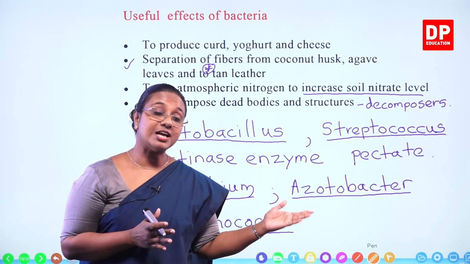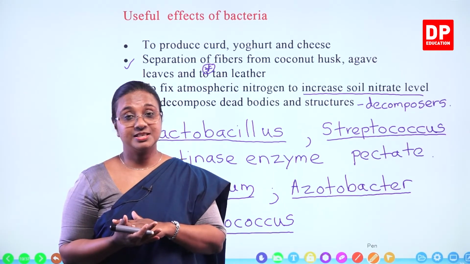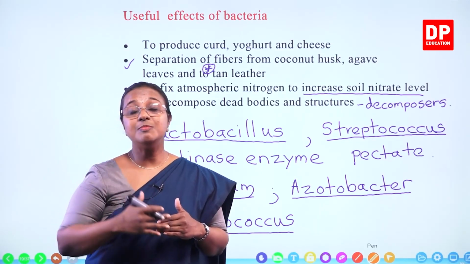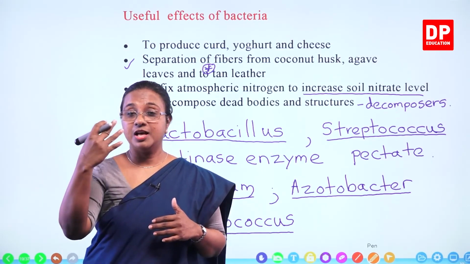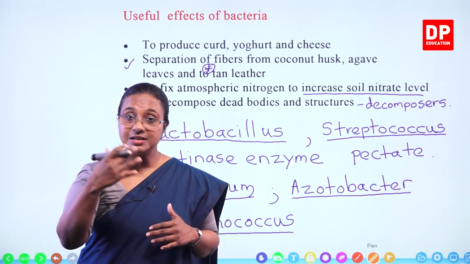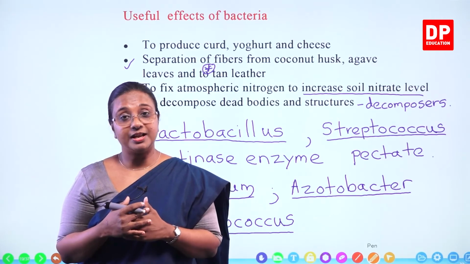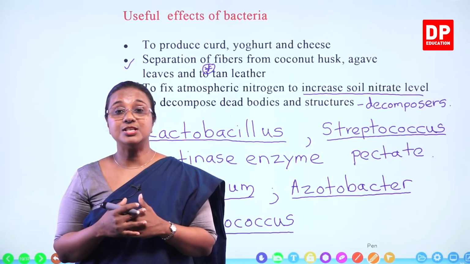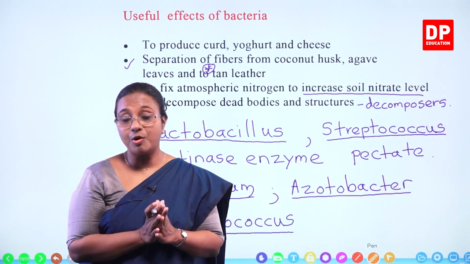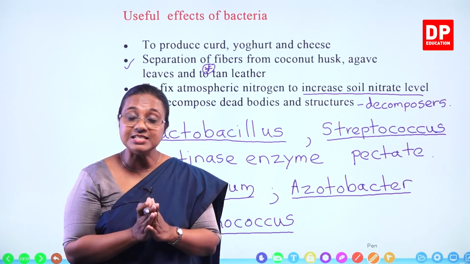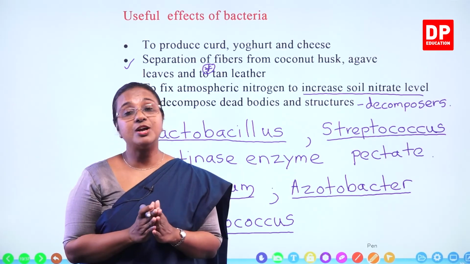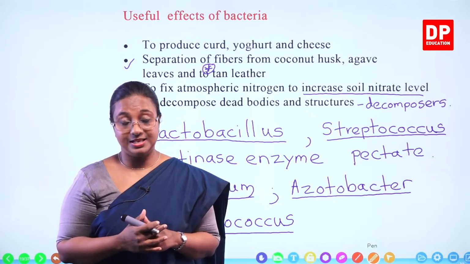The same way I told you all the harmful effects. They affect us in many ways. If you fall sick, if the microorganism affects the plant crop, then there is an economical effect. It can be harmful as well. So both are important to us. So we can understand these more easily when we classify organisms.